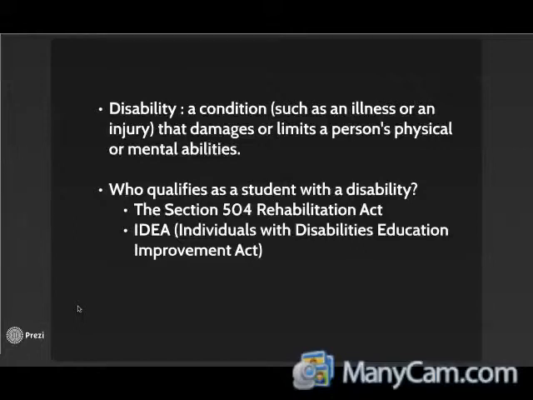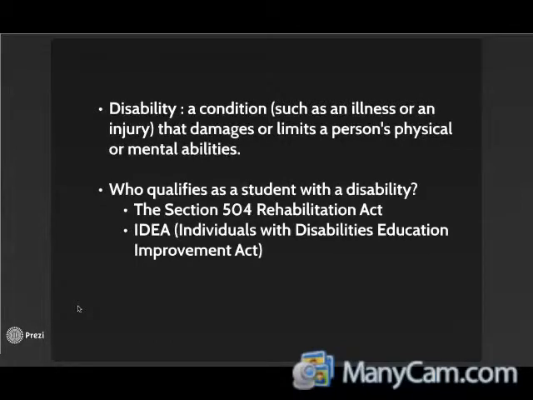So ultimately, Section 504 is a little bit more broad on what is required for a student with a disability. However, for the IDEA, which stands for Individuals with Disabilities Education Improvement Act, they require that the student must be evaluated and determined to fall within one of a series of specific defined disability categories such as intellectual disability, deafness, blindness, emotional disturbance, autism, specific learning disability, and others, and need special education and related services by reason thereof.